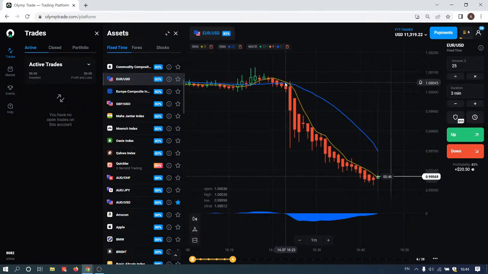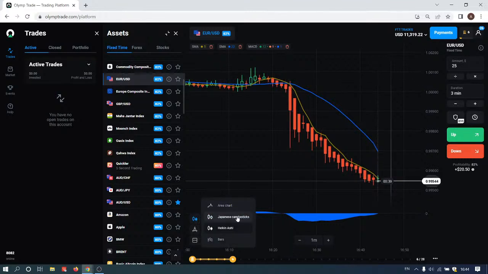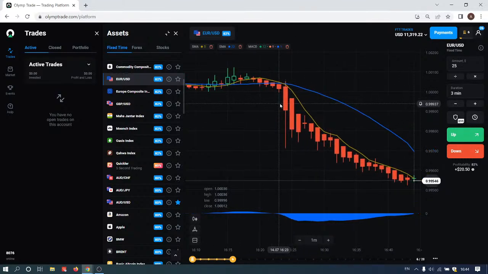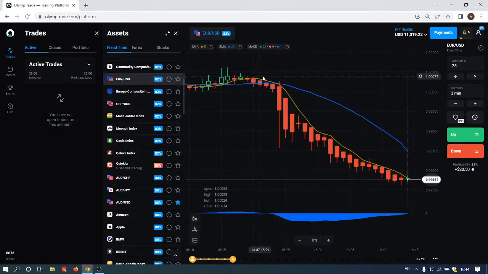So every type of chart, like area chart, Japanese candlesticks, Heikin-Ashi bars, they are all designed for specific purposes. So once again, the signal in this strategy comes when the yellow line crosses the blue line, so it can happen in the downwards direction or in the upwards direction. Then we have to check the color of the Heikin-Ashi candlesticks.